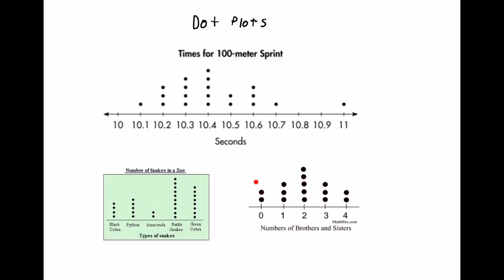So in this one, you've got a number of green cobras. There's 1, 2, 3, 4, 5, 6, 7, 8 green cobras in the zoo. 10 rattlesnakes, 2 anacondas, 5 pythons, 4 black cobras.